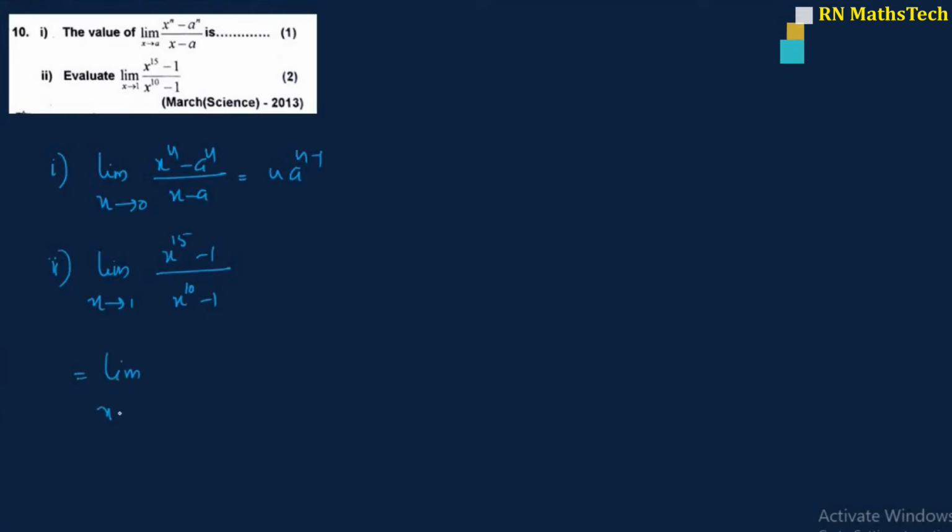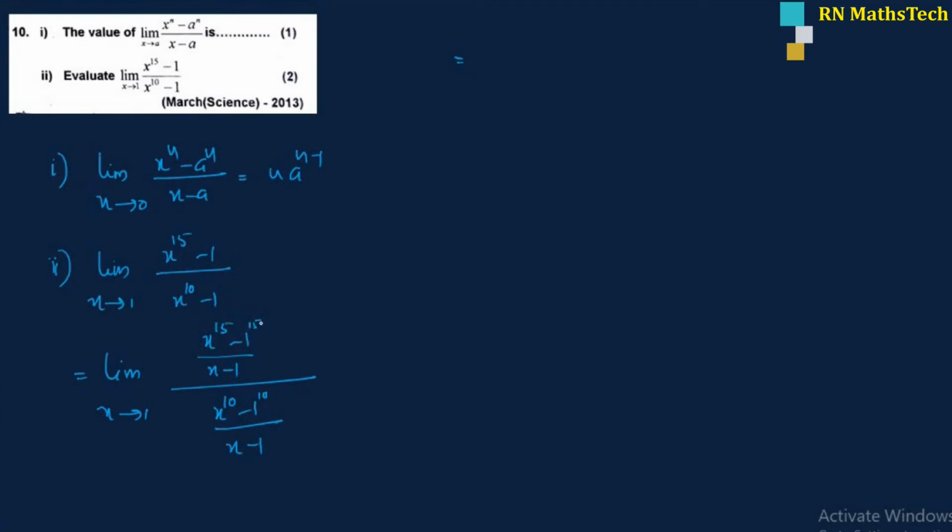That is limit x tends to 1, dividing the numerator and denominator by x minus 1. So x raised to 15 minus 1 by x minus 1, divided by x raised to 10 minus 1 by x minus 1. Okay, that is equal to, this 1 can be written as 1 raised to 15. Here the denominator 1 can be written as 1 raised to 10.